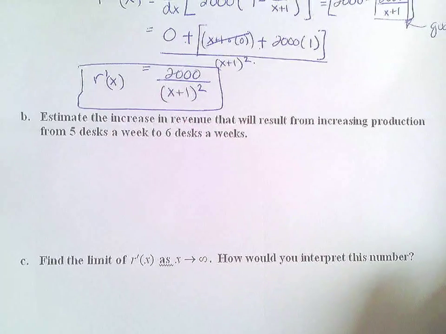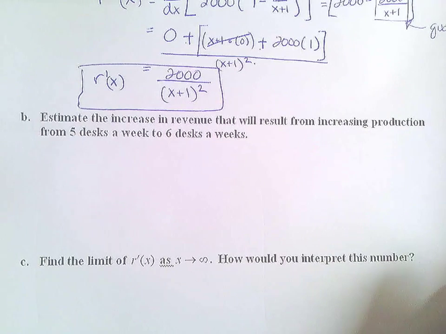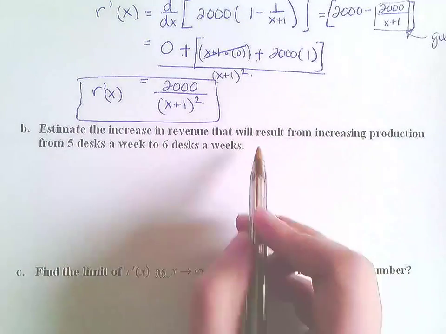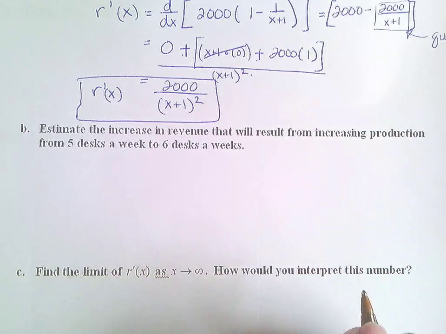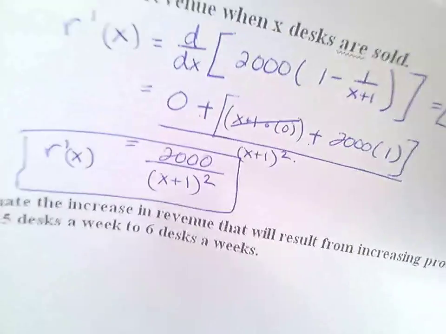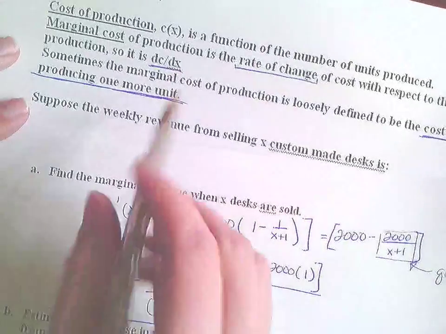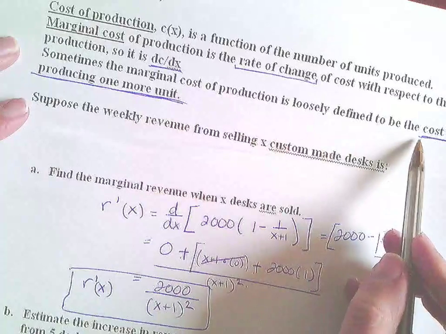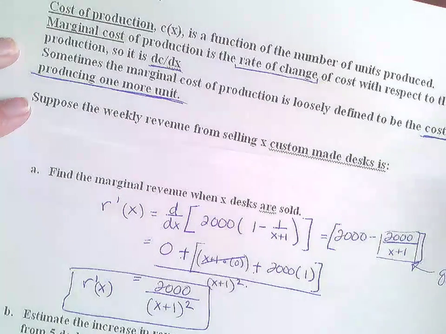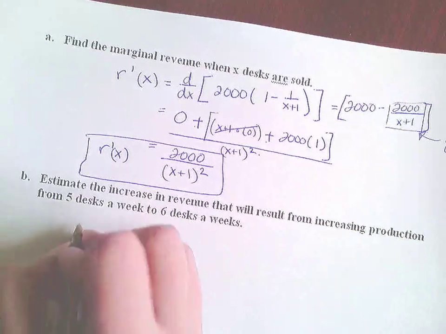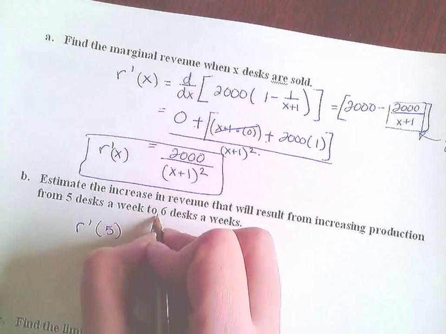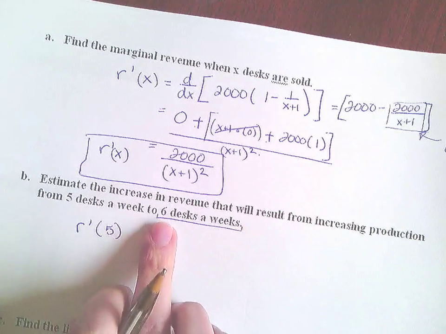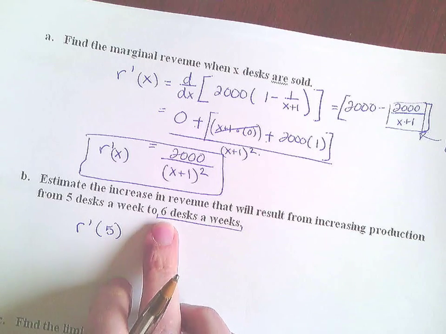Now we're going to estimate the increase in revenue that will result from increasing production from 5 desks a week to 6 desks a week. Now remember, we said that the marginal cost of production is loosely defined to be the cost of producing one more unit. So if we use R prime of 5, that's like figuring out what it would cost to increase our production by one more unit.